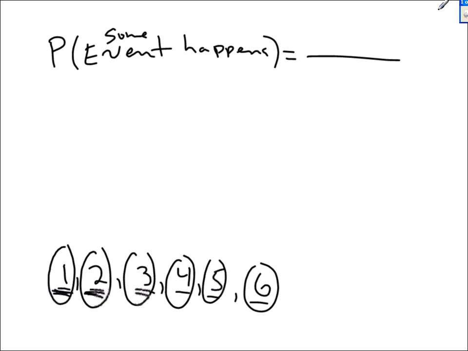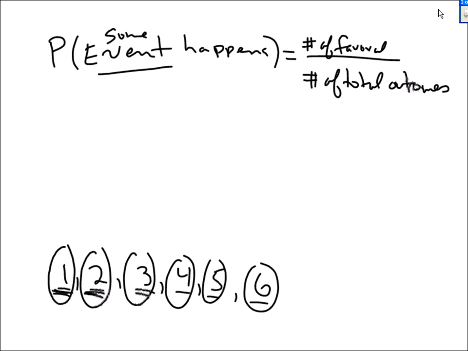If all the events are equally likely, and you want to talk about one of these events happening, well, in the bottom is the number of total outcomes, and in the top, the numerator, is the number of favorable outcomes.